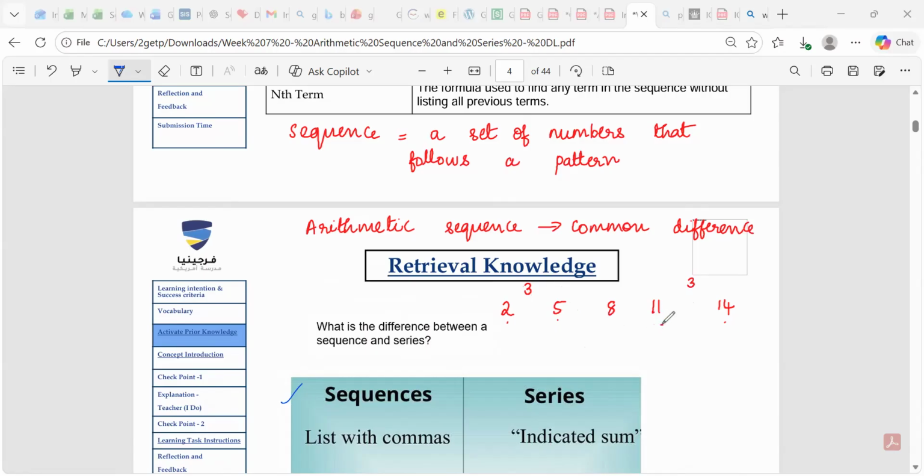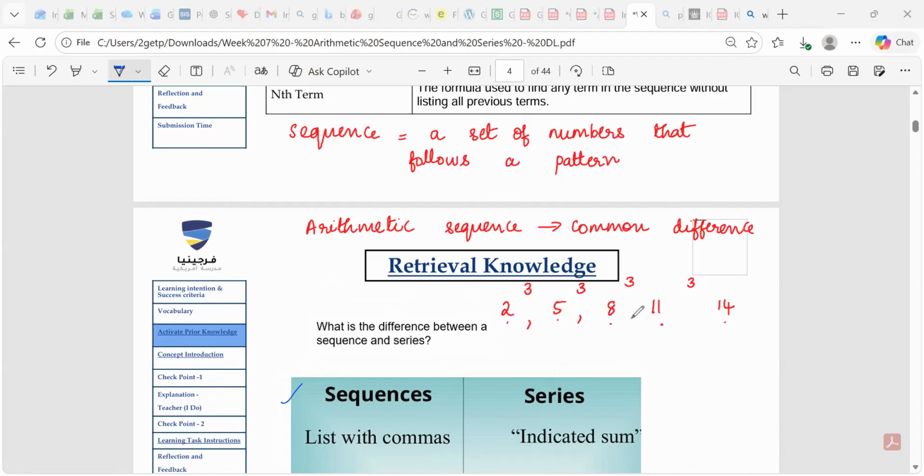Now, if you take 11 and 8, 11 minus 8, you will still get 3. Or else if you subtract 8 and 5, you will get 3. So if you have to add the same number to get the next term, we say that this sequence is called arithmetic sequence.